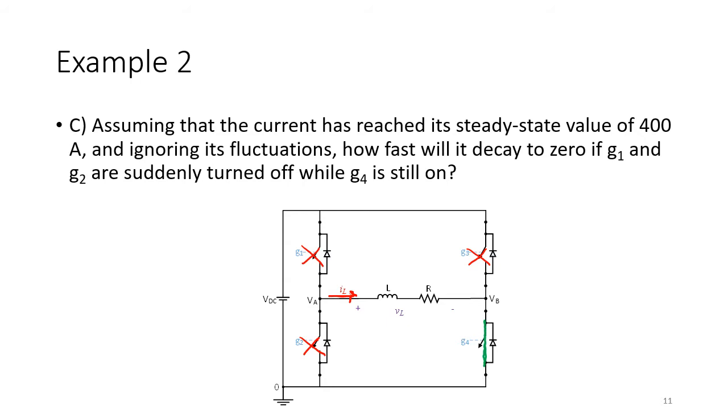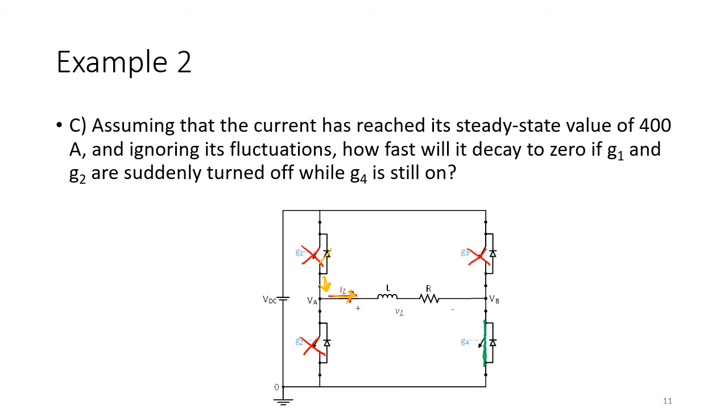So here we have this current in this way. It cannot go through G1 or G2, but it wants to find some direction. It cannot go through G1 because G1 is off, and its direction is opposite to the direction of the diode.